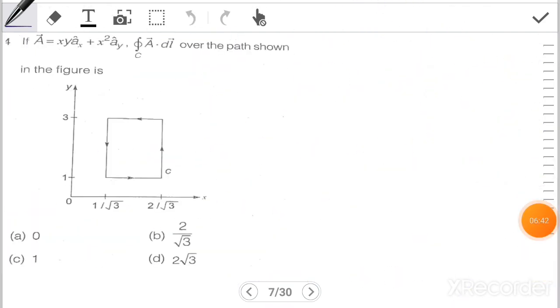Since we have to find the line integral, we know Green's theorem is the transformation between surface integral and line integral.